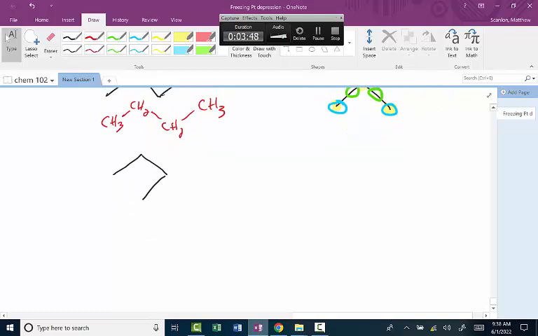Down here, we have the same thing. We have CH3 bonded to CH2, bonded to CH2, bonded to CH3. And so we've rotated around one of these bonds right here. In fact, we've rotated about this bond.